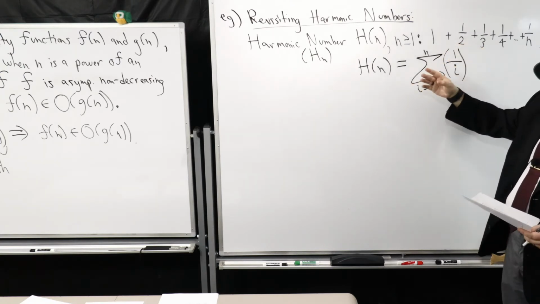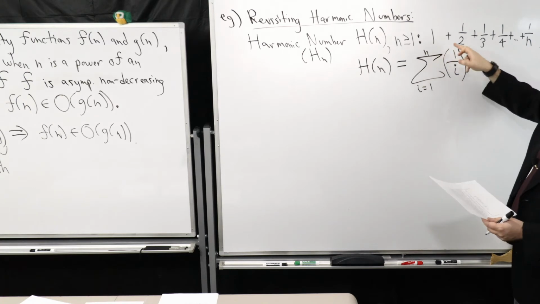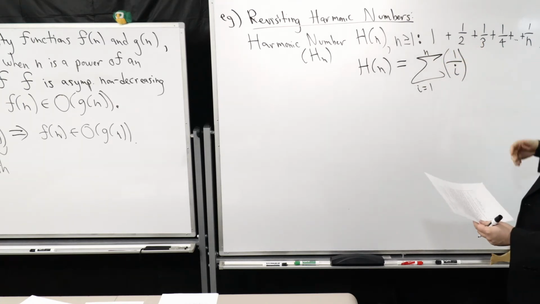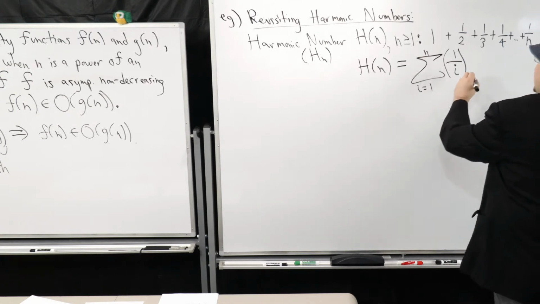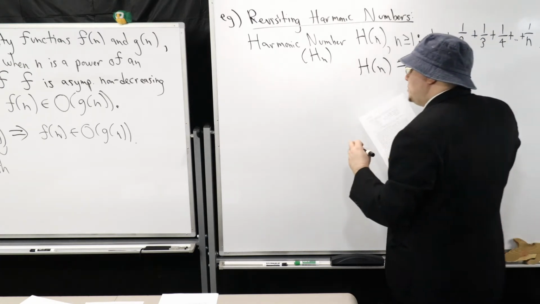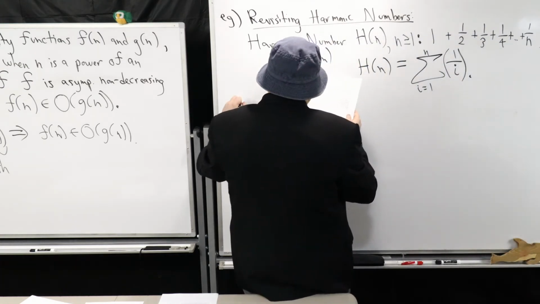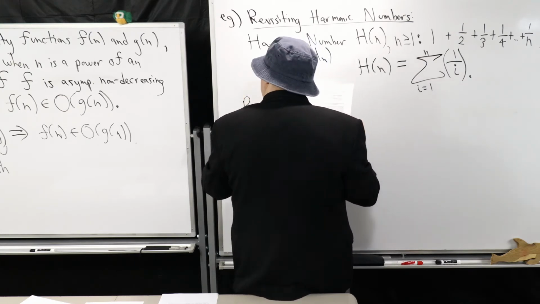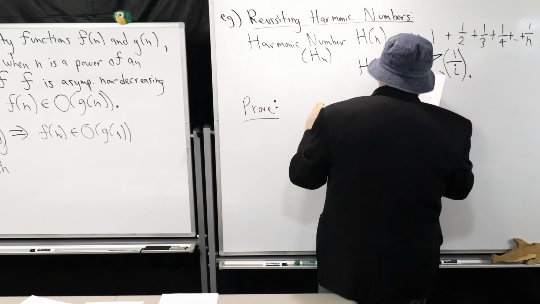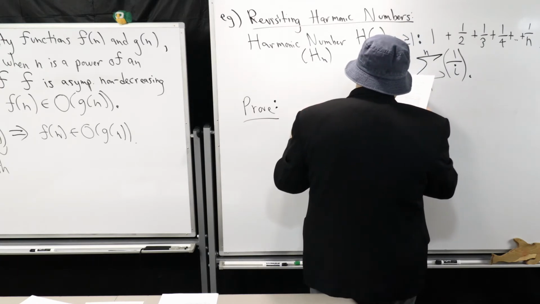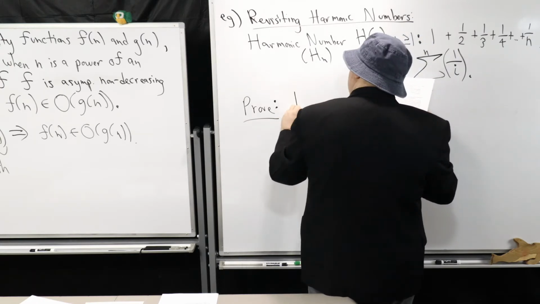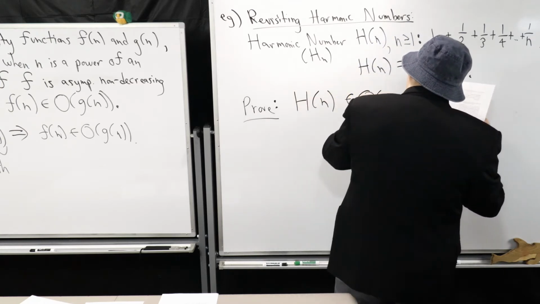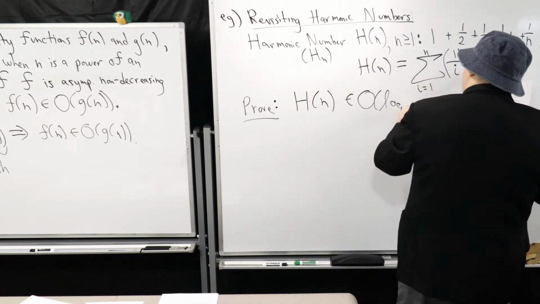How about h of 2? It would be 1 plus 1/2, which is 3/2, and so on. What I'm going to prove for you, because this is about big O claims, is that h of n is big O of log base 2 of n.